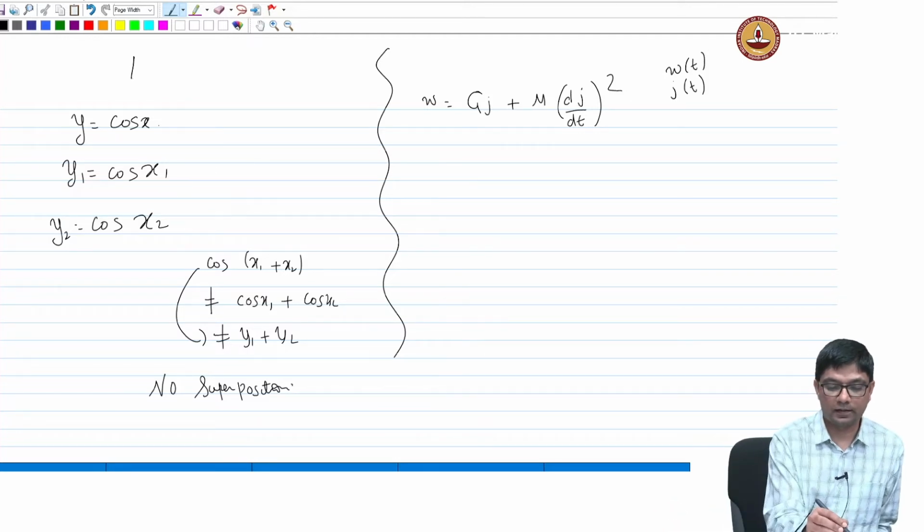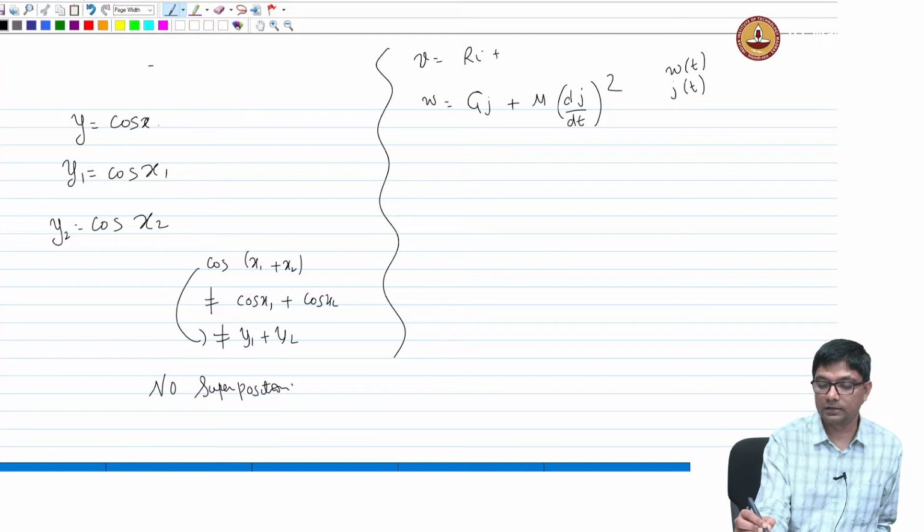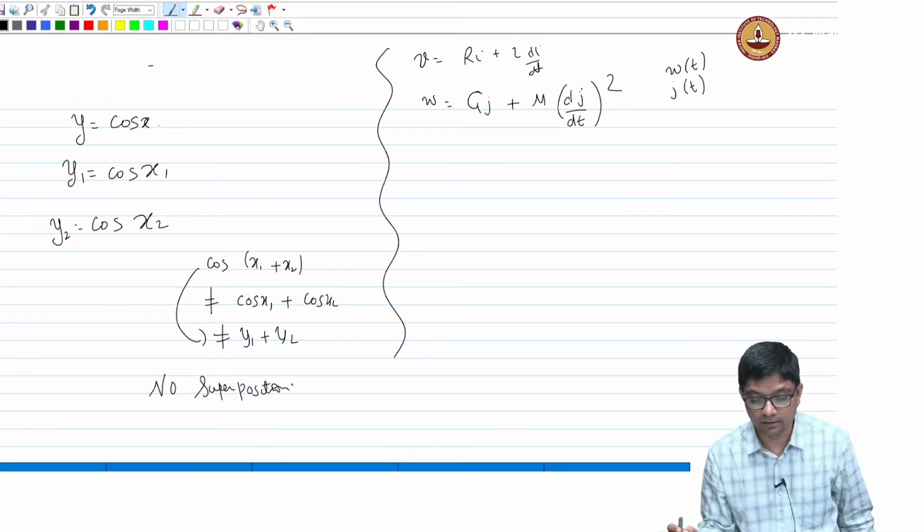Similar to, in some sense, V equal to Ri plus L di by dt, just that now I have a square term here.